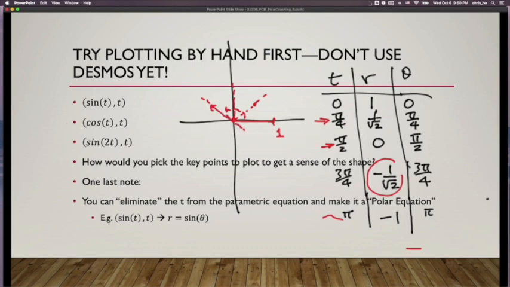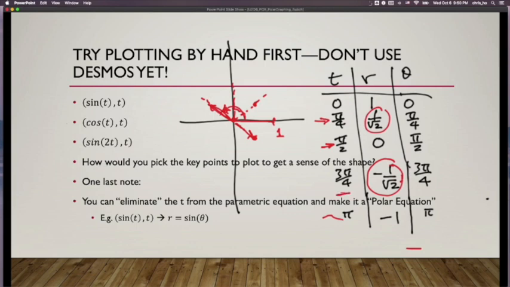So the angle is in this direction, but because this is a negative length, I'm going in the reverse direction, at the same distance as 1 over root 2 at 45 degrees.